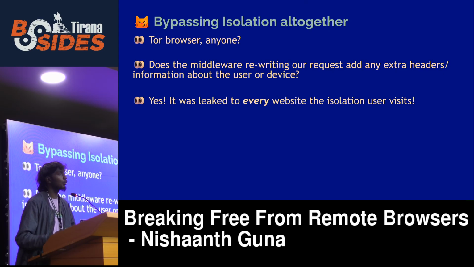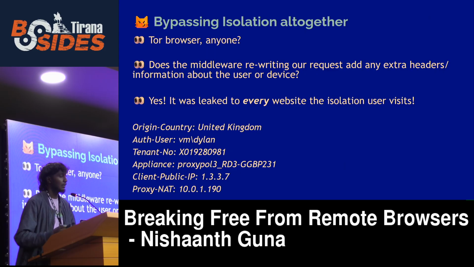To every website accessed by a user who has the RBI product installed, the original IP information, the RBI specific tenant information, where his server is located, and the tenant number, which is basically the organization number, and so on, were all sent to any website the user visits.